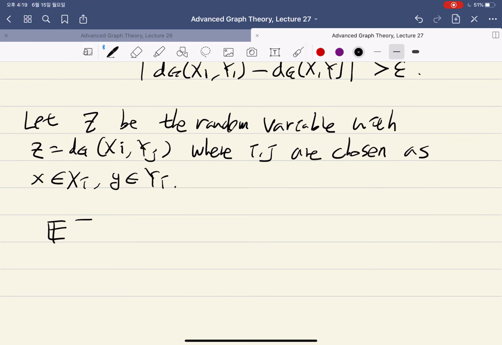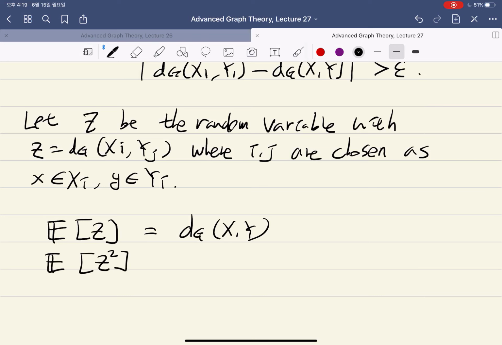Then again, as before, the expectation of g is the density of XY, and the expectation of g squared is n squared over XY, where this is the energy of this refinement.